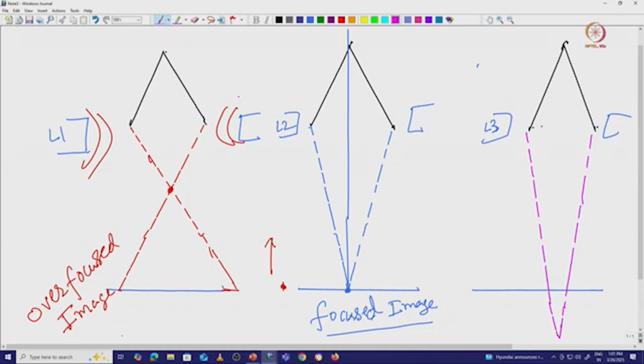This is called an under focused image. So, here I will just draw that optical axis.